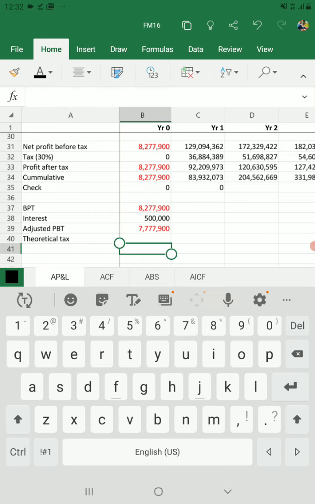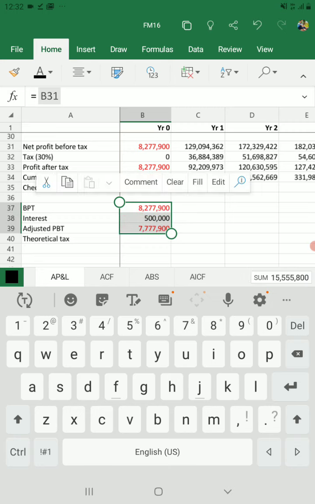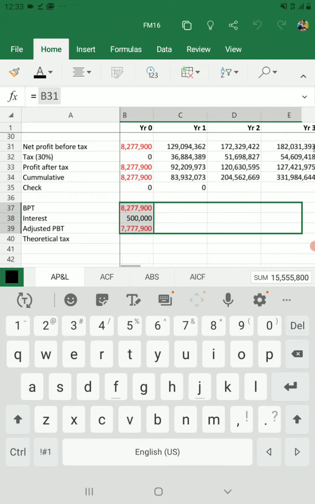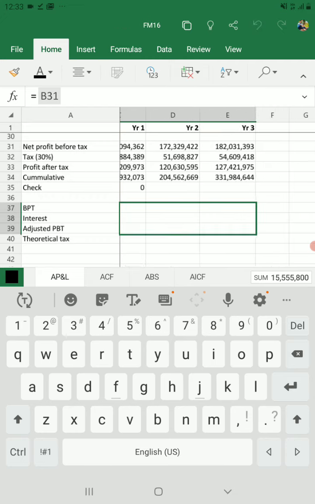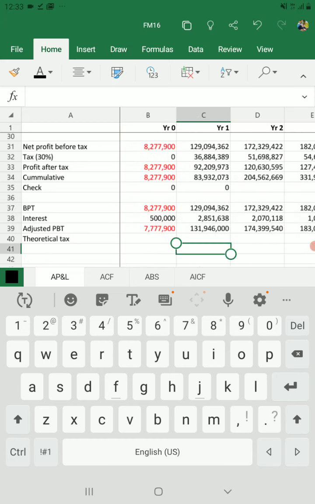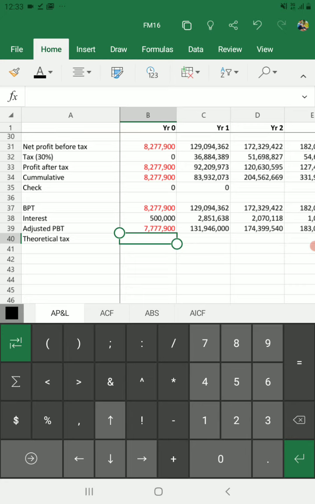From the adjusted figure. Okay, now let us first select these, because there are formulas here. I fill to the rest. So for year 0, because we have net adjusted gross loss, loss before tax, there is no tax component.